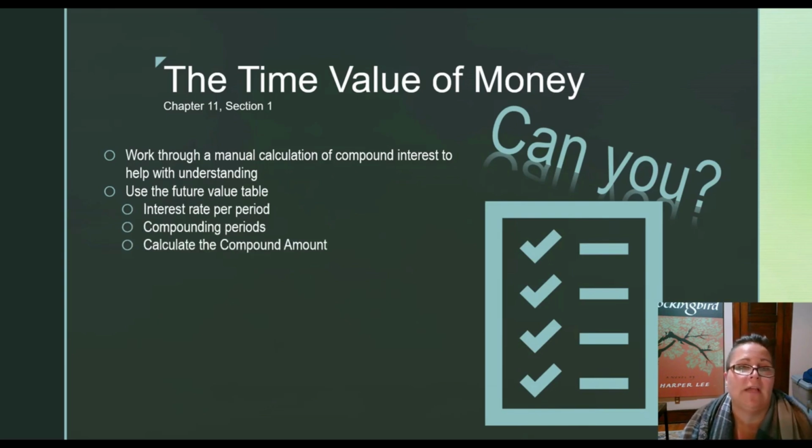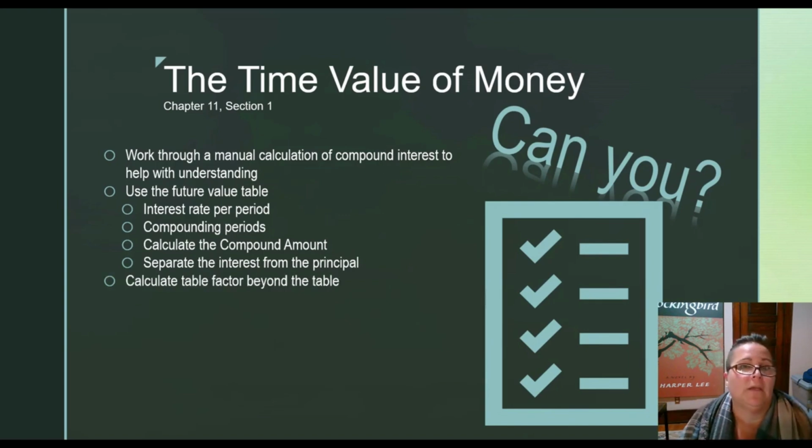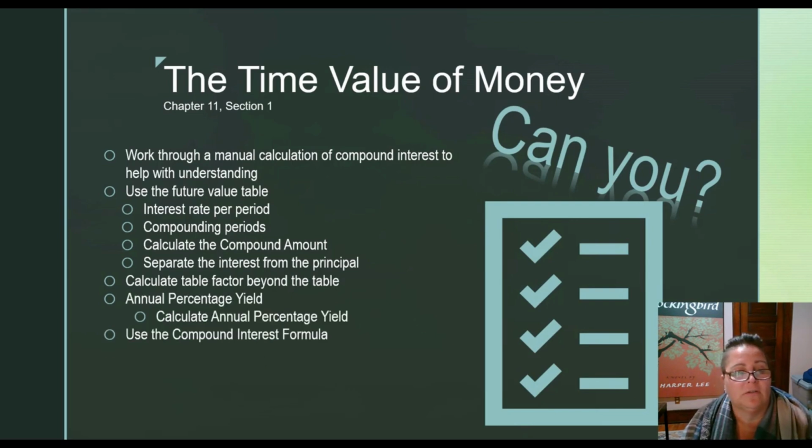Could you calculate the compounded amount and separate interest from principal? Could you tell me how much was interest and how much was principal? Are you familiar enough to be able to calculate a table factor beyond the table? You will have resources, so while I've talked you through that type of problem, do you feel like you could do so yourself? Could you calculate an APY or an annual percentage yield?